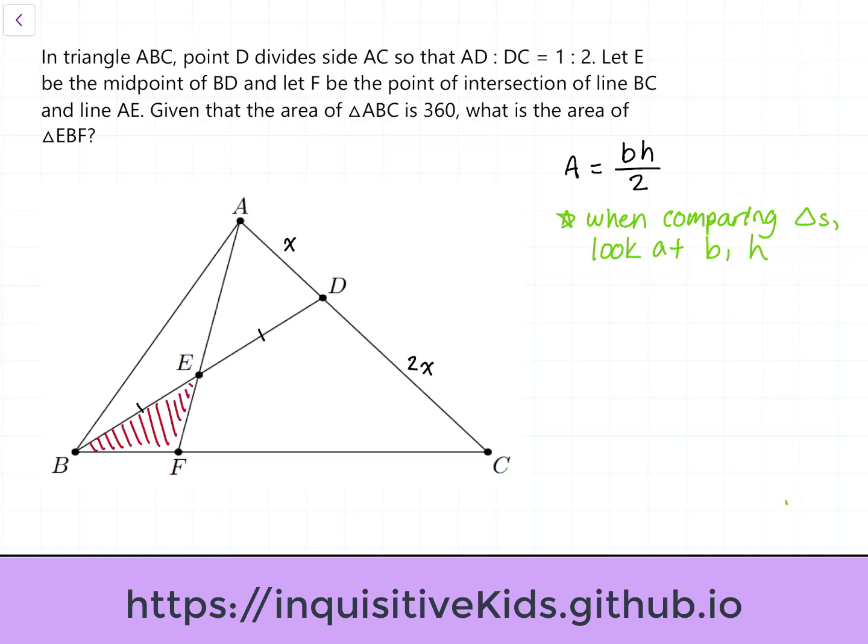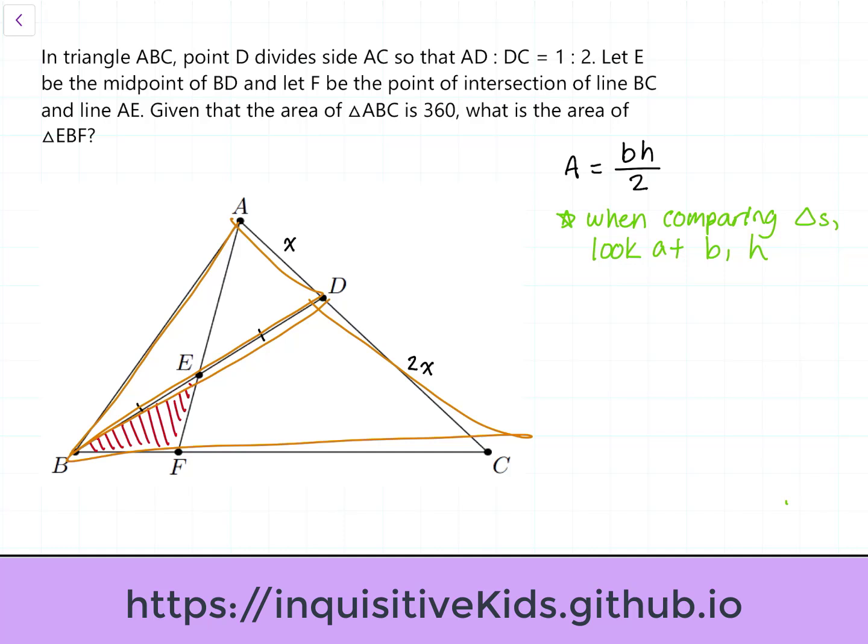Well, what do we already know? We know the total, and we know a ratio, which is, we actually know two ratios. One is 1 to 2, the other one is 1 to 1. How can we use these ratios to our favor? Well, if we just look at these two triangles over here, ABD and DBC, we see that they're basically the whole triangle ABC split up into two parts.